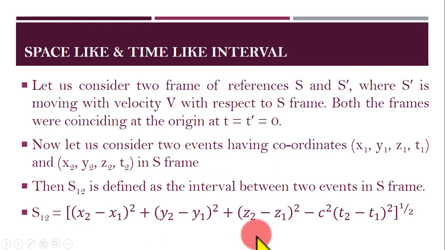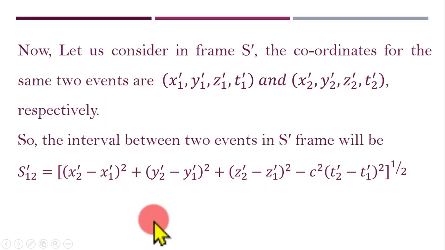The interval in the S prime frame will be defined as S12 prime equal to the square root of x2 prime minus x1 prime whole square plus y2 prime minus y1 prime whole square plus z2 prime minus z1 prime whole square minus c square t2 prime minus t1 prime whole square.